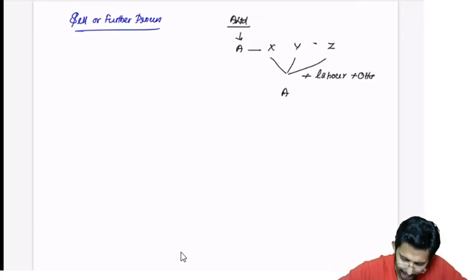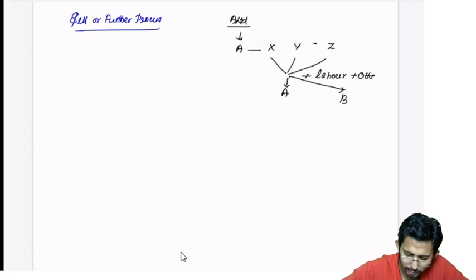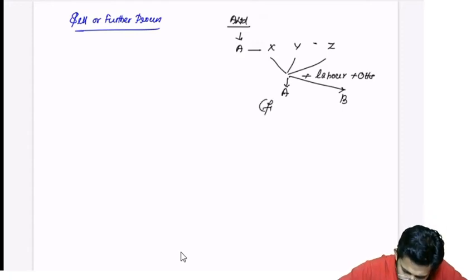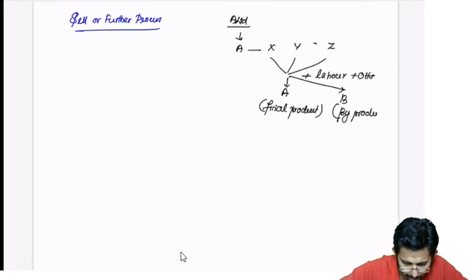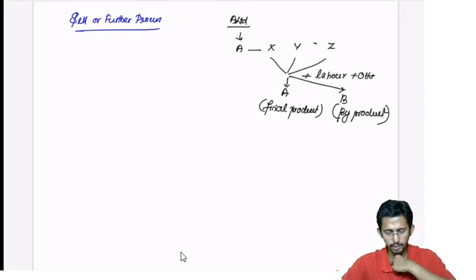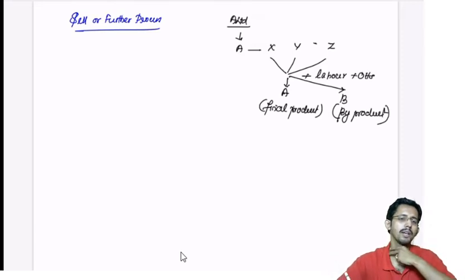You are getting A. This is the final product. But along with A, there is another product called B, which is a byproduct of this manufacture.